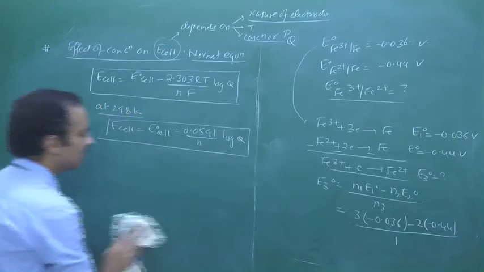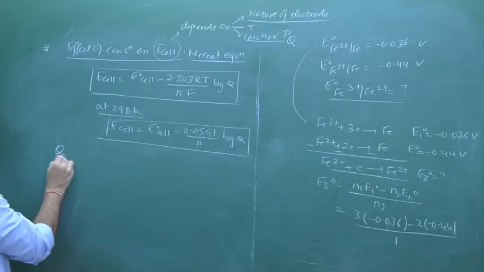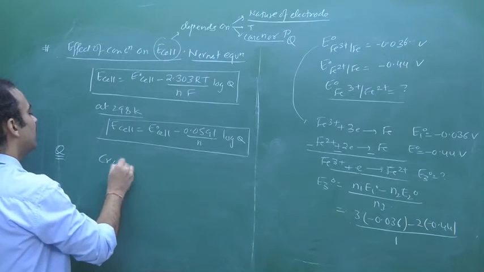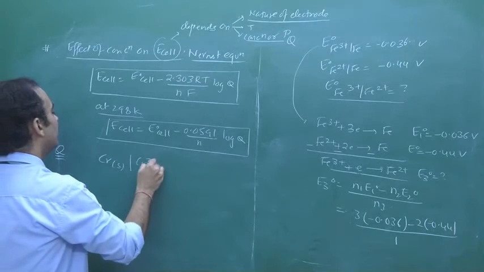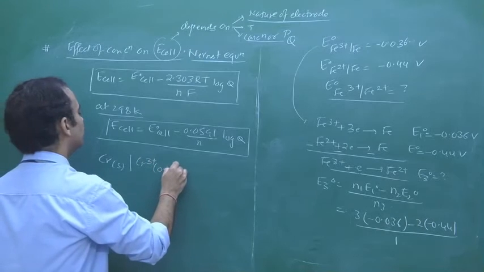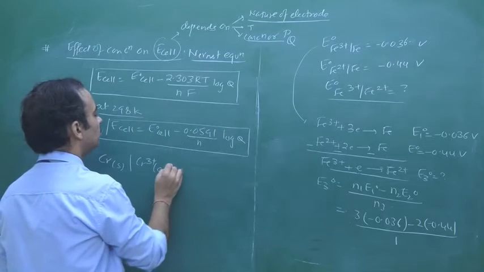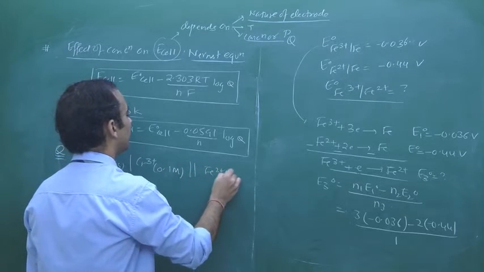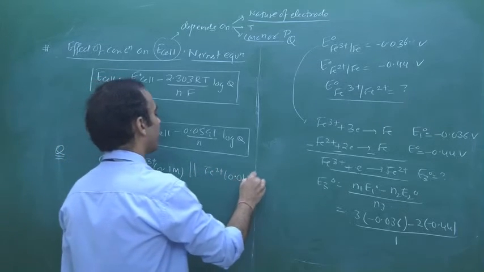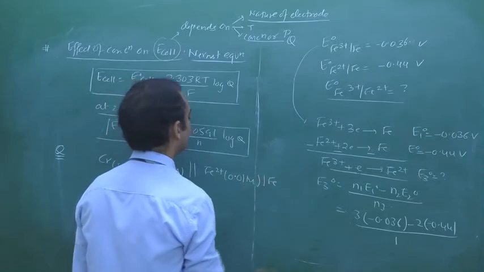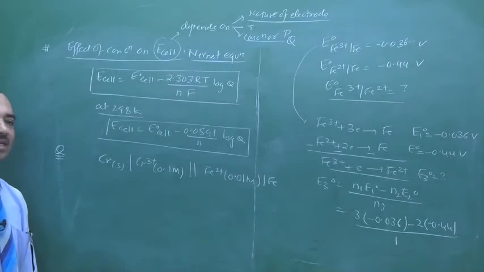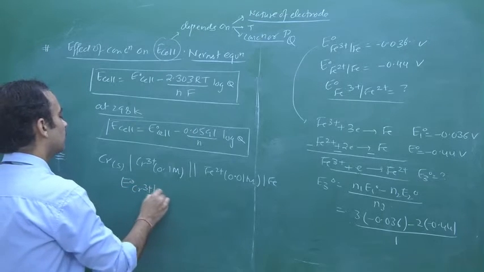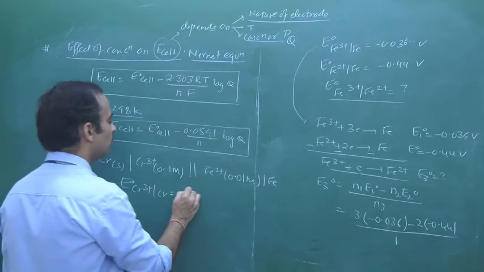Now let us do a simple question on it. What is that question? We are given a cell of this type. We are given this cell, and we are given E naughts also.